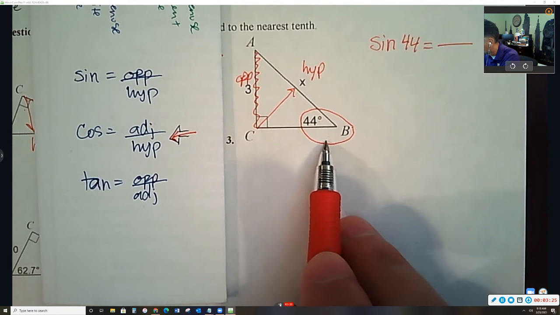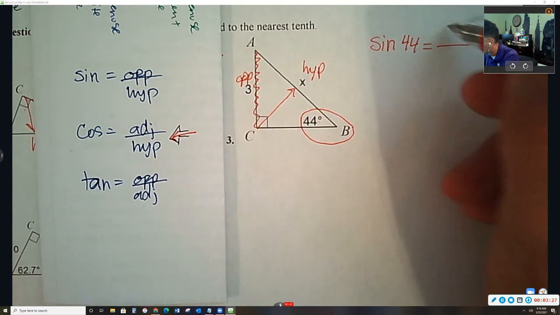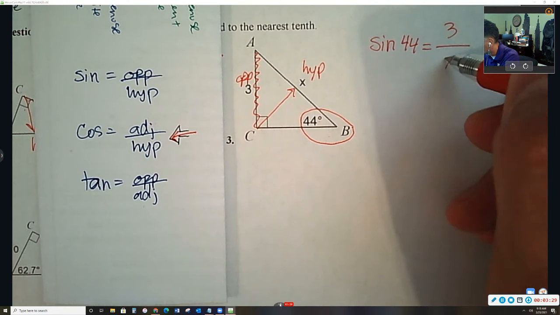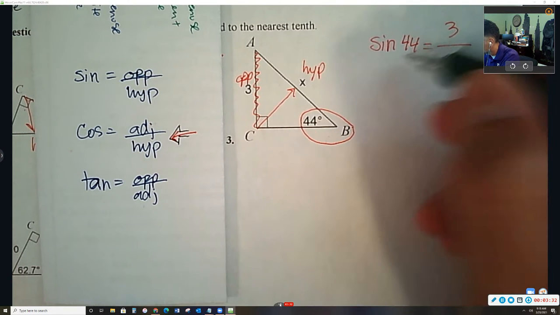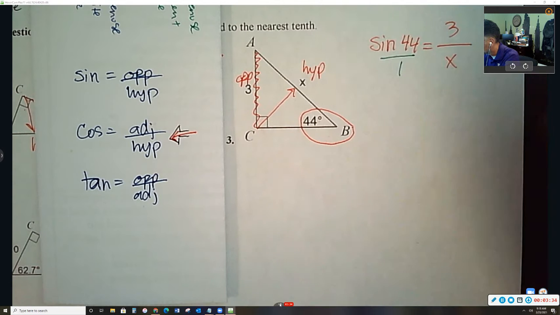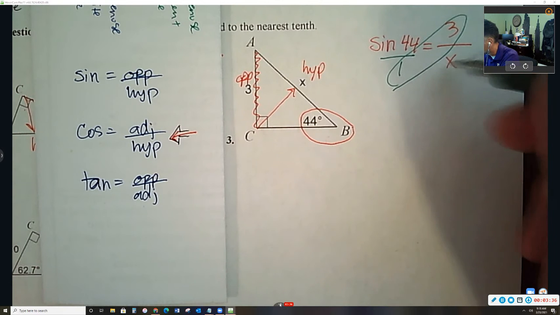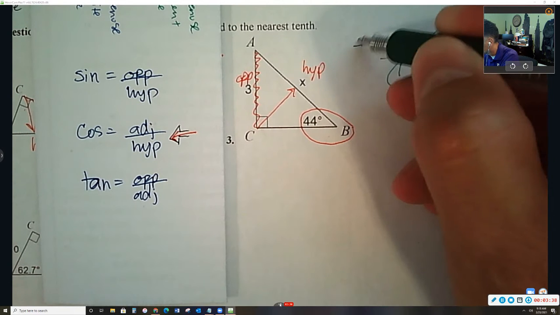Sine of the angle is equal to the ratio opposite over hypotenuse. Make this look like a true proportion. Cross multiply so you don't grab the x, and divide by what's left over.